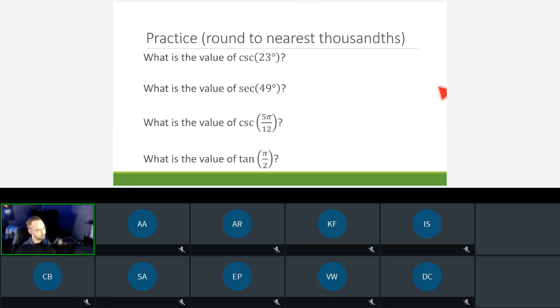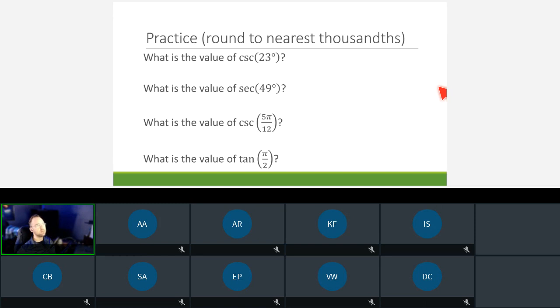Well, here's the problem. You can't type in cosecant in your calculator. So what do we have to do first? We got to switch it somehow. Switch it how? Some people are saying sine, some people are saying cosine.